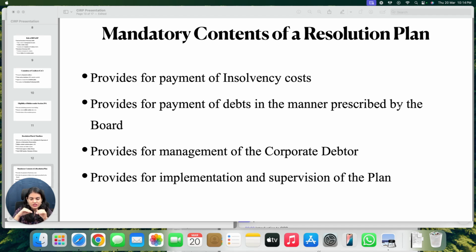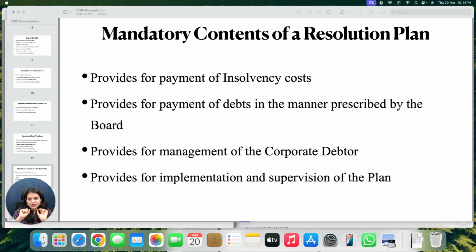This insolvency professional will be constituting a monitoring committee. Though the code does not explicitly provide for what and how a monitoring committee is to be constituted, the resolution plan must necessarily include a clause for this and the payment and how and who constitutes a monitoring committee.